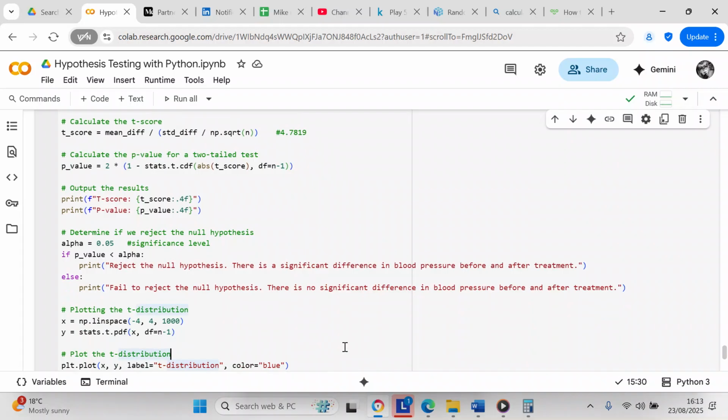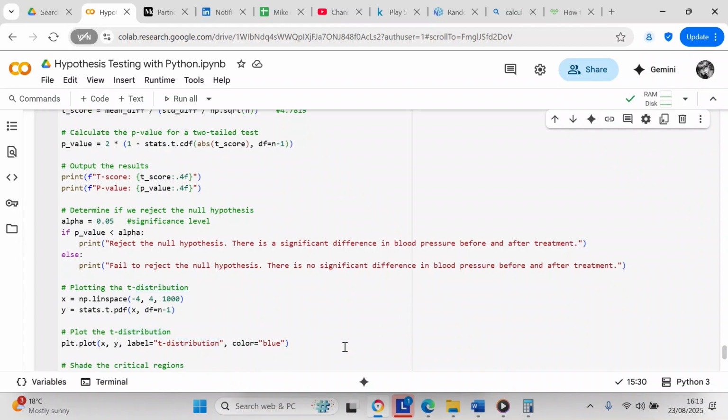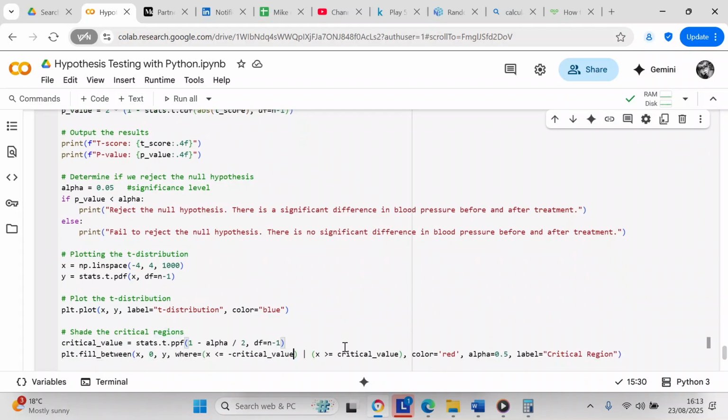Here t is your t-distribution, pdf is the probability density function, and degrees of freedom is going to be 7 because it's n minus 1. Now we're going to plot the t-distribution onto the graph: plt.plot(x, y, label equals t-distribution, color equals blue).